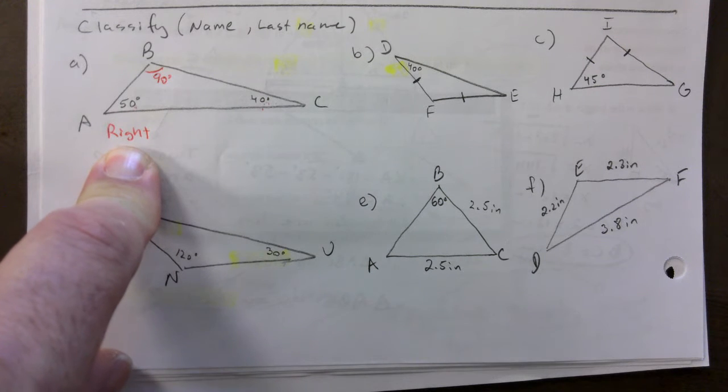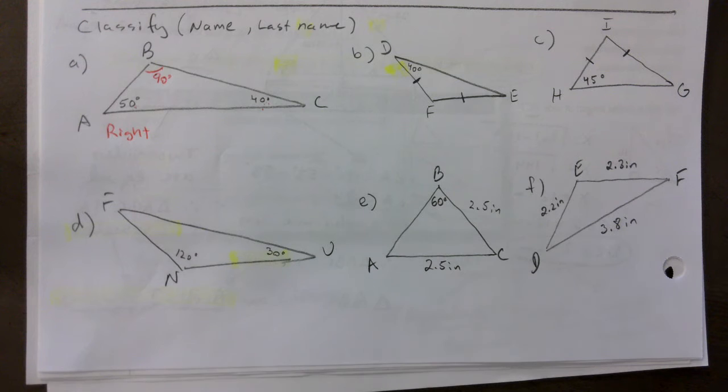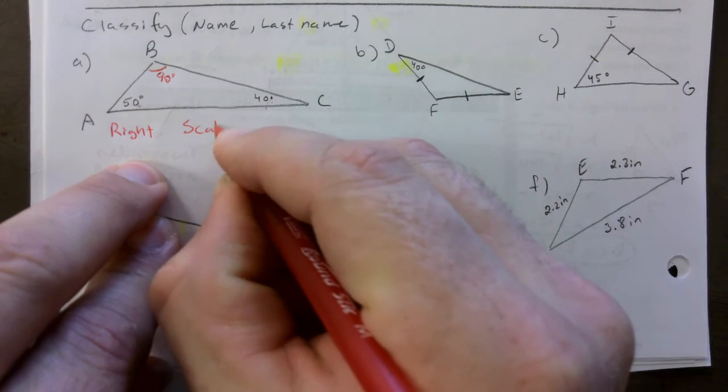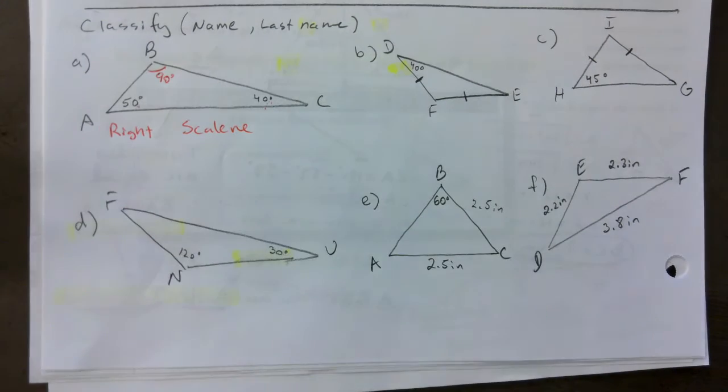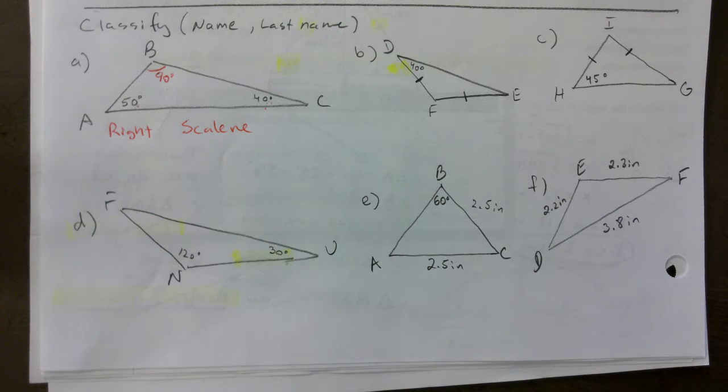They're also going to be different. Guaranteed. 3 different angles, 3 different sides. You don't even have to know what the side lengths are. So we're going to go scalene, right? And I will make a note somewhere else later. All angles different means all sides are different.